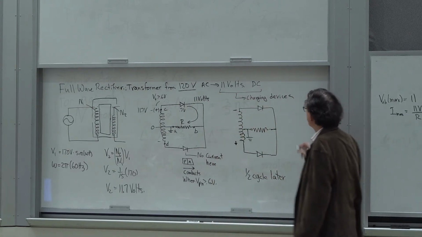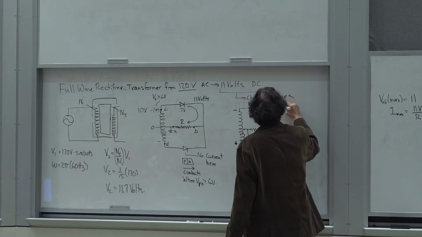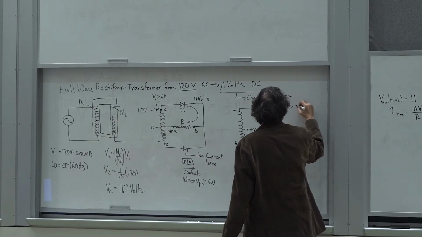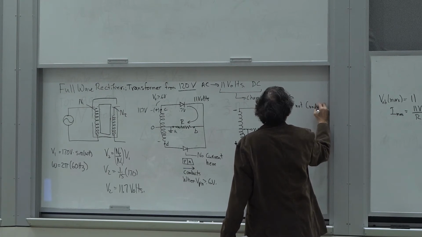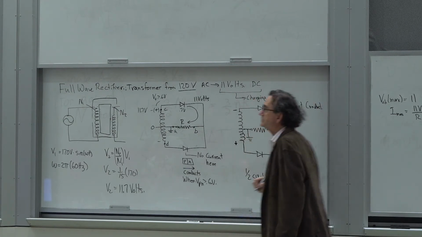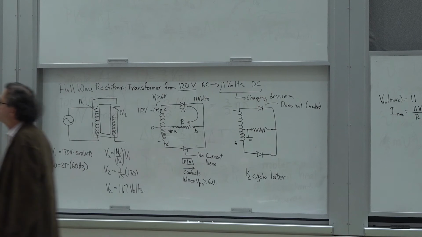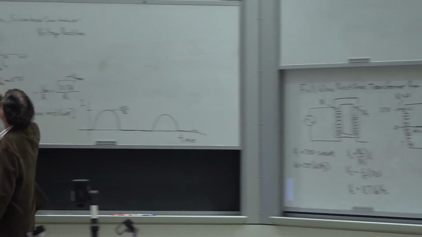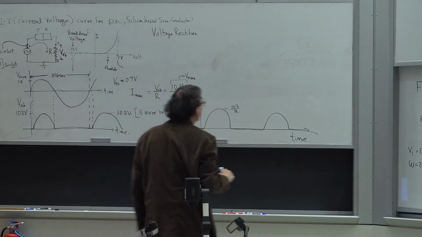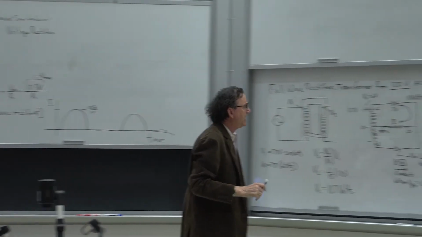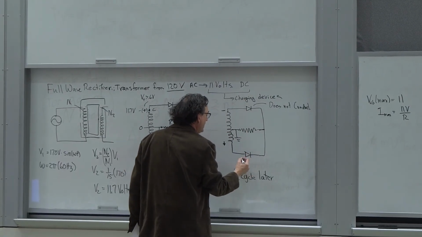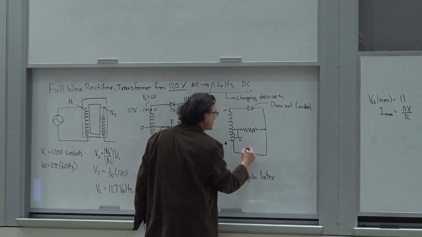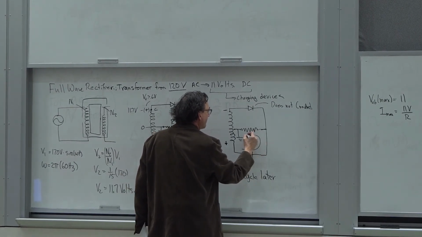So now this one does not conduct current, because the polarity of the voltage through the diode is negative. But this one is now positive, so it does conduct. So the current now goes this way.